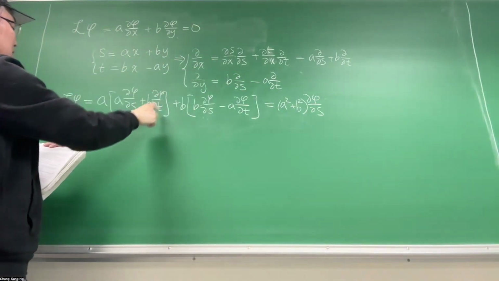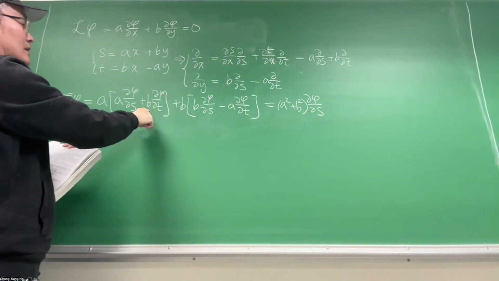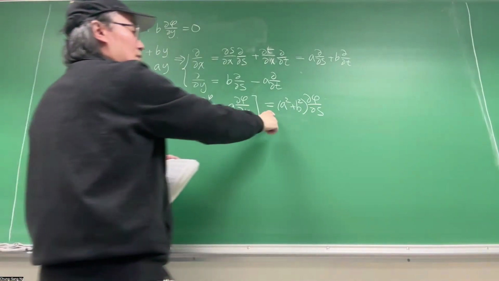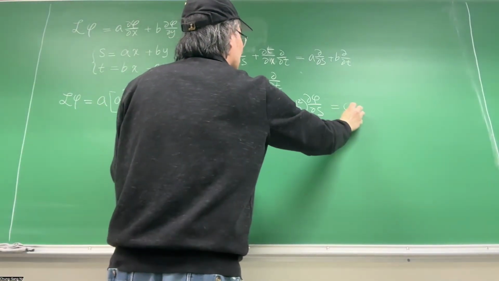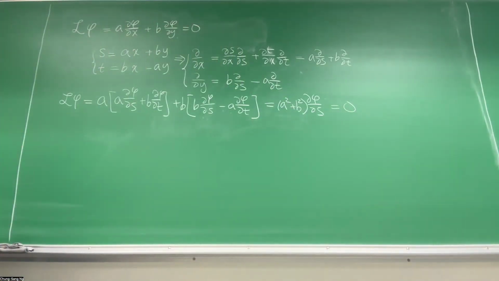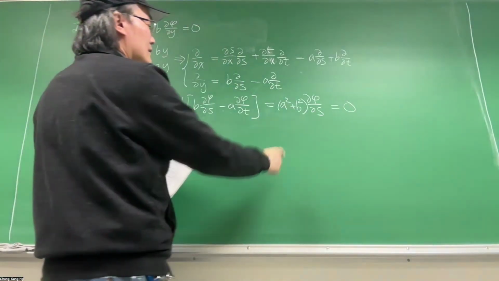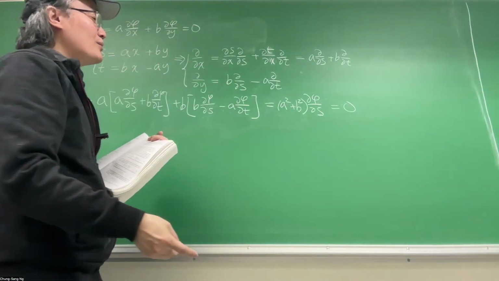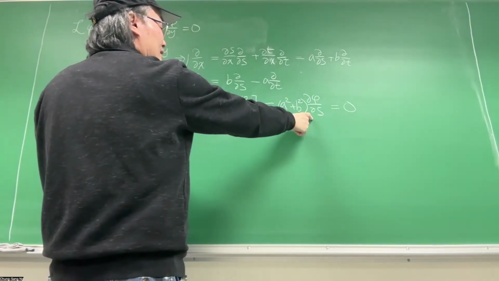And then the partial t term, you have a times b, and then minus b times a, so that's 0. That term is 0. Okay, so that becomes an ODE now, not a PDE, because it depends only on one variable.